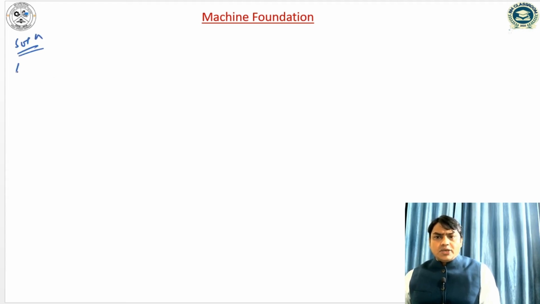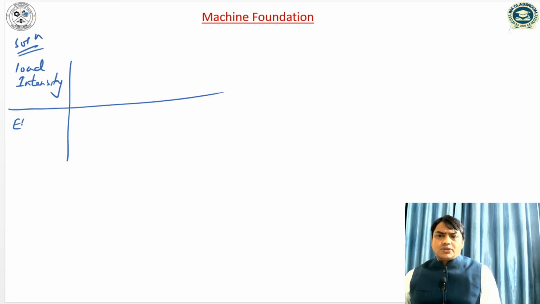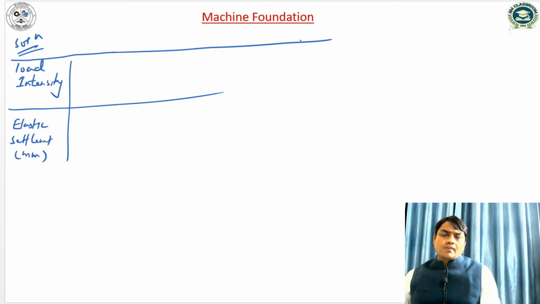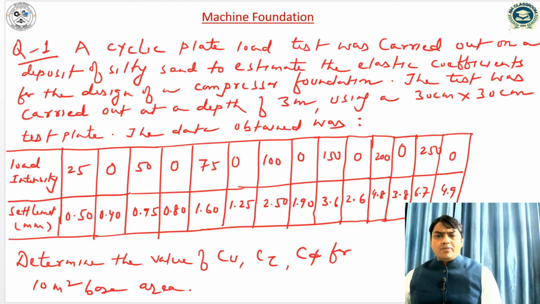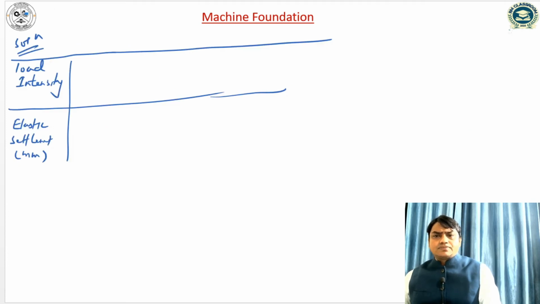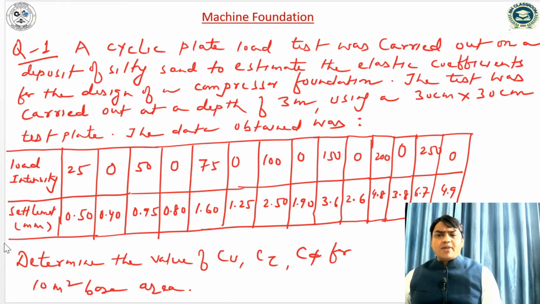So load intensity and elastic settlement in mm. Once the load intensity is 25, the elastic settlement is 0.1, that is 0.5 minus 0.4.